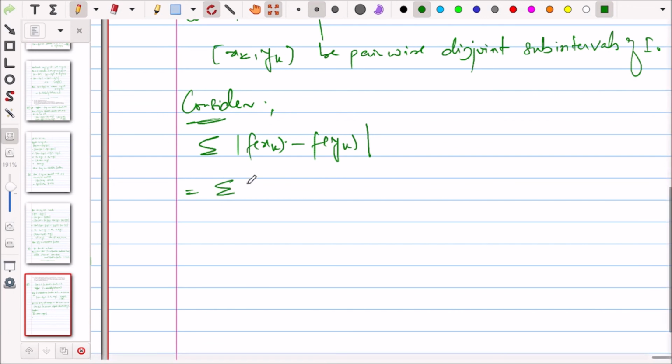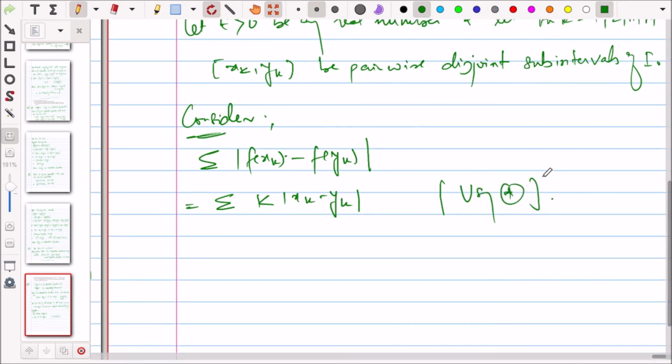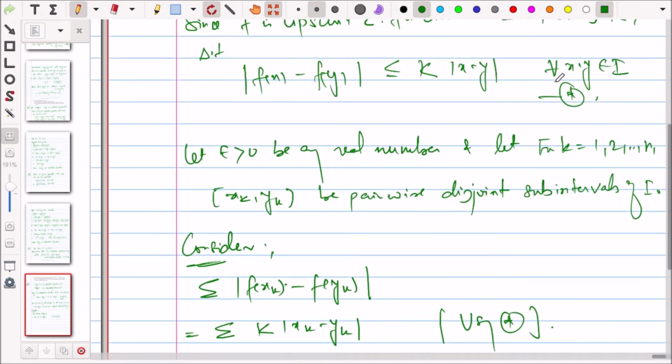So this is at most summation k times |x_k - y_k|, using star, because we are given that the function is Lipschitz.